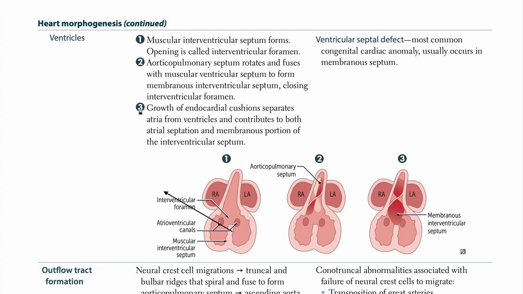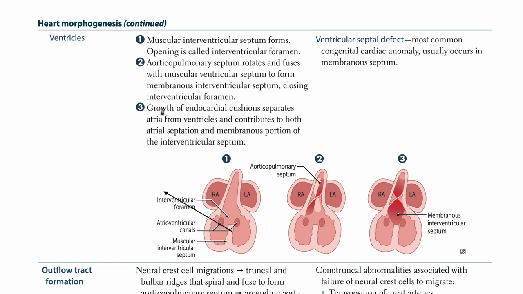Okay. So now we have growth of endocardial cushions separates atria from ventricles and contributes to both atrial septation and the membranous portion of the interventricular septum. So that's the endocardial cushion. It separates the atria and the ventricles and contributes to both the atrial septation and the membranous portion of the interventricular septum.